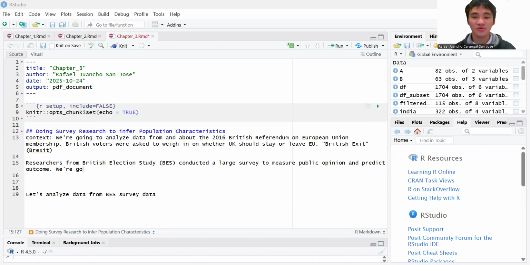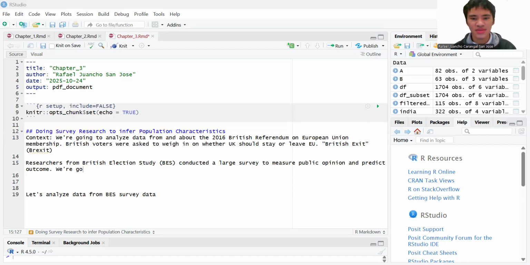In this case, I think they want to leave, because it's British exit, so Brexit. They want British people to leave the EU. I think that's what it's telling me. Okay, so let's actually just hop right into it.